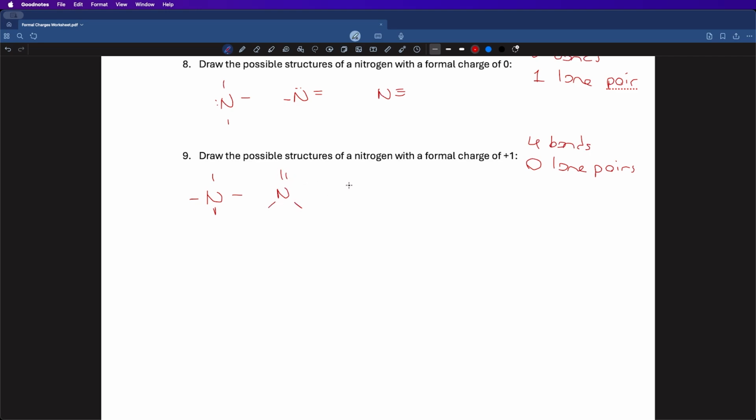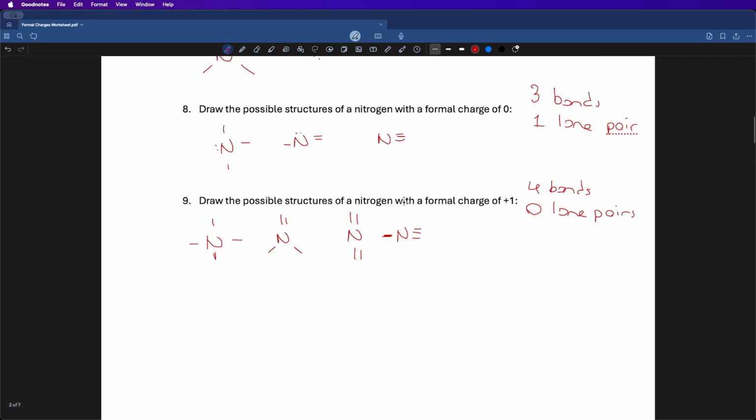Let's try another one with 2 double bonds this time. And then our last one, a triple bond and a single bond. All of these should have a formal charge of +1. My apologies.